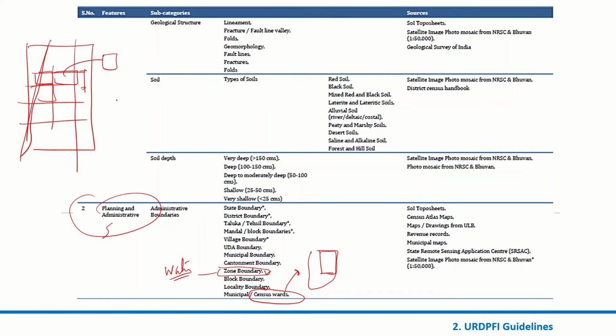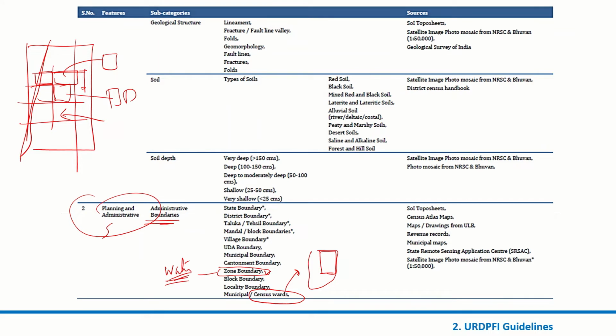That can also be done. But primarily, if we have some administrative boundary, that will be the most appropriate way of going ahead with the study. Since we have not made an attempt yet, I'm sure it will be available. If it is not available, we can make this a grid, and a grid-based study can also be done.